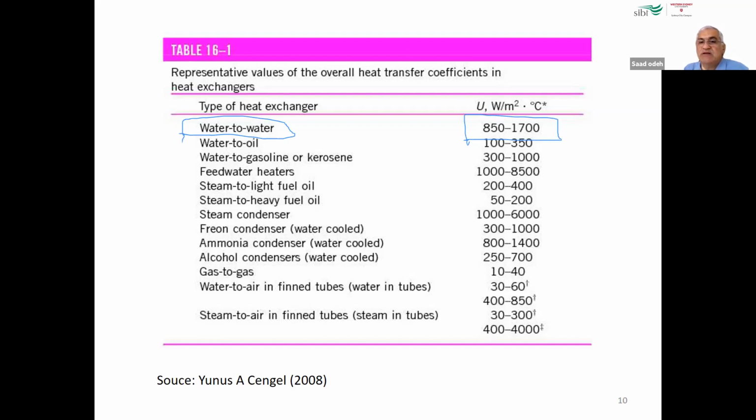So you need to check it again. So this just gives you a guideline to check whether the U value that you have is within the range given in this table or not. Okay.